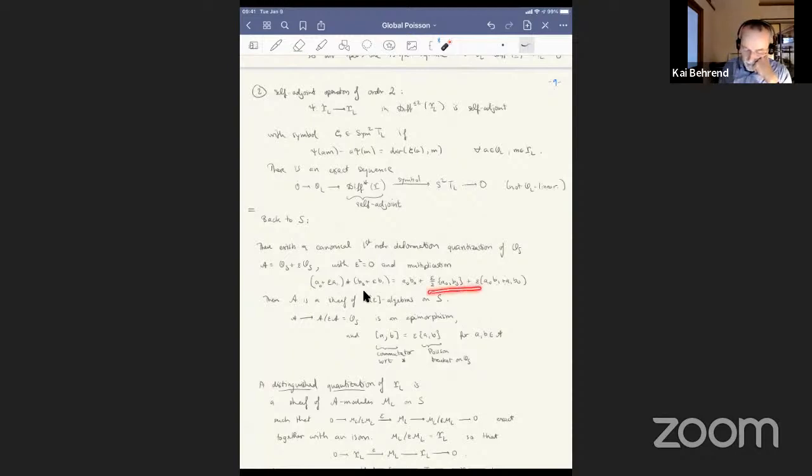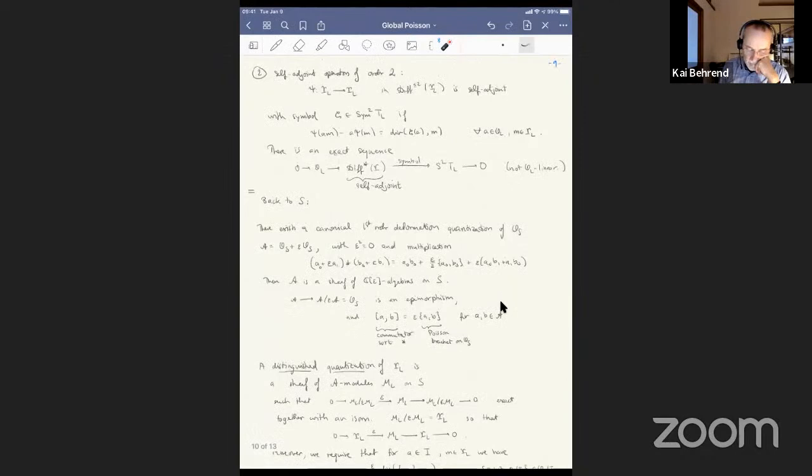Modulo epsilon it is just multiplication in OS. The next term: if I multiply two functions in S, A0 and B0, I get an additional term epsilon over 2 times the Poisson bracket of A0 and B0, and then the remaining terms come from epsilon multiplying here and there, where it's just function multiplication again.